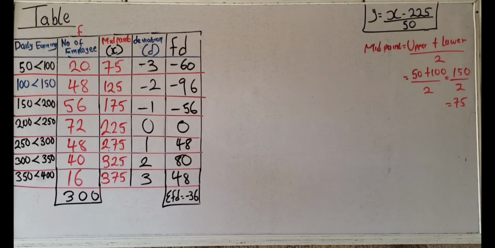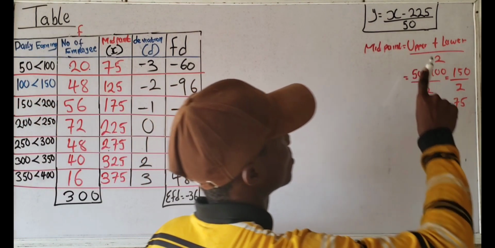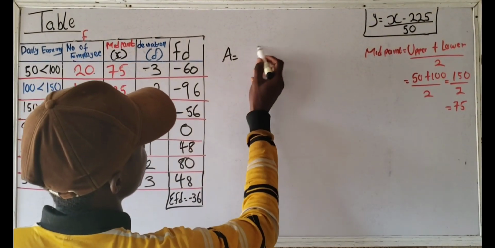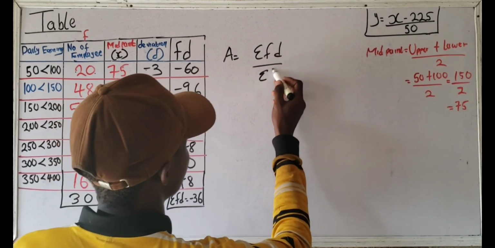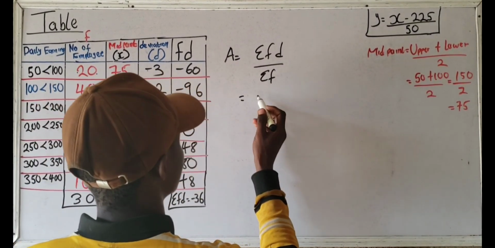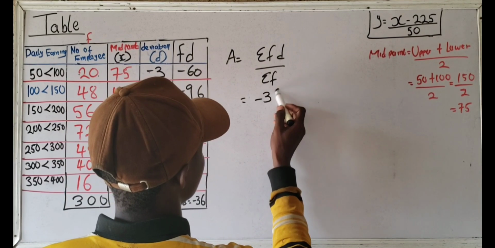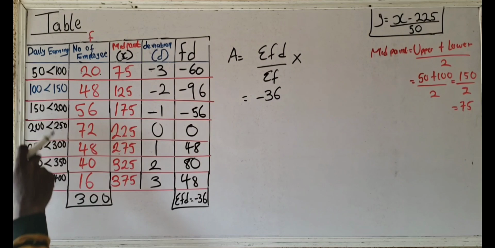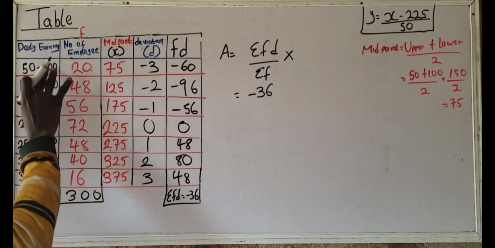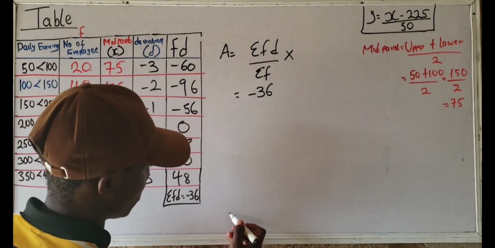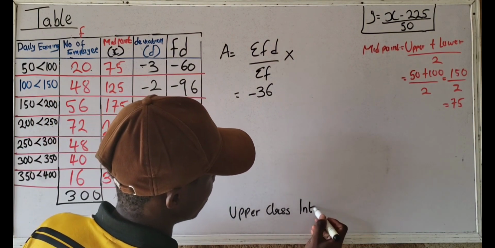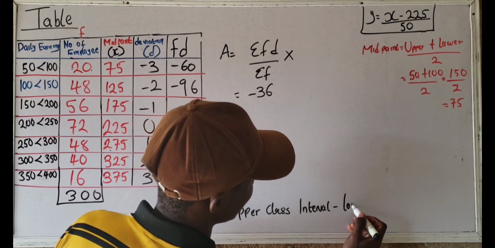The next thing is that since we've been given that the coded value is x minus 225 all over 50, summation FD all over summation F will be minus 36 multiplied by, see, the difference between the upper class interval and the lower class interval, which is 50.